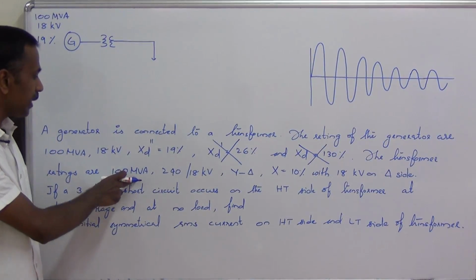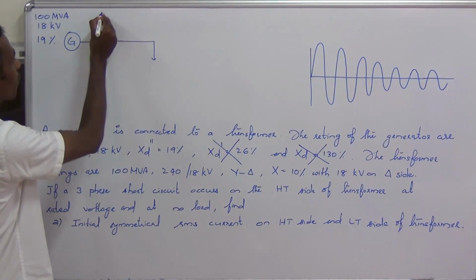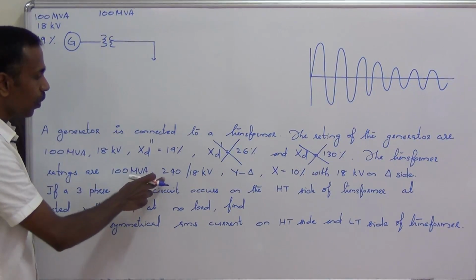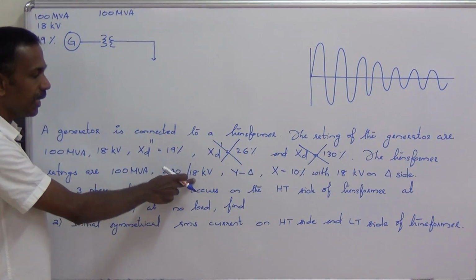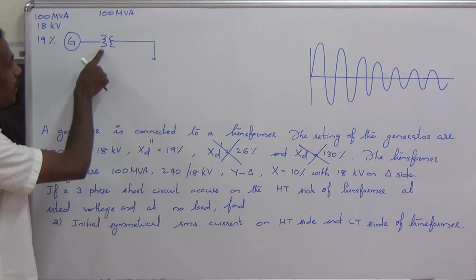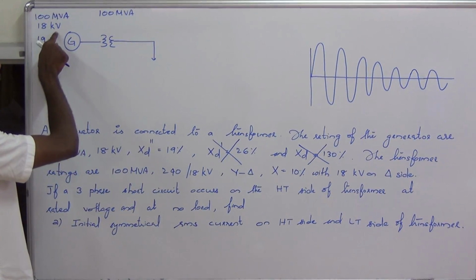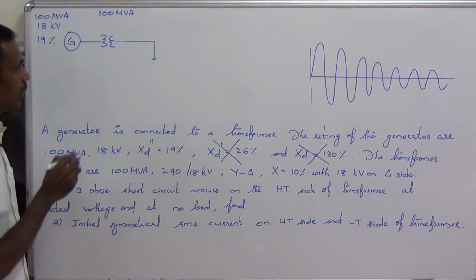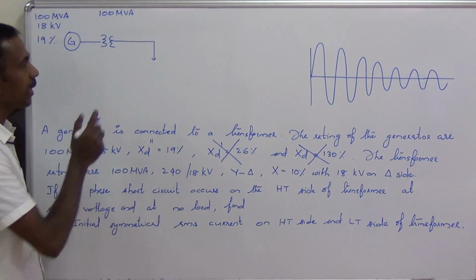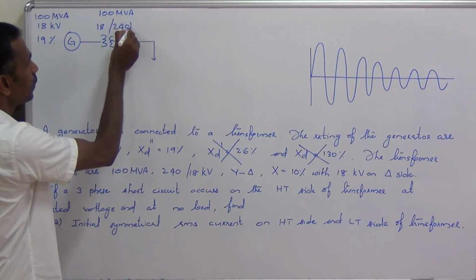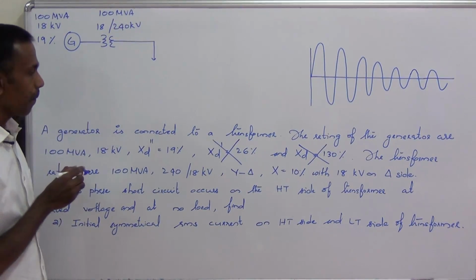The transformer rating is 100 MVA. Its voltage rating is 240 by 18 kilovolt. But the primary of this transformer is connected to the generator with a rating of 18 kilovolt. So this transformer should be connected as 18 by 240 kilovolt.